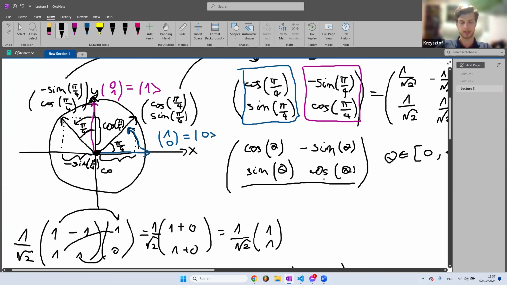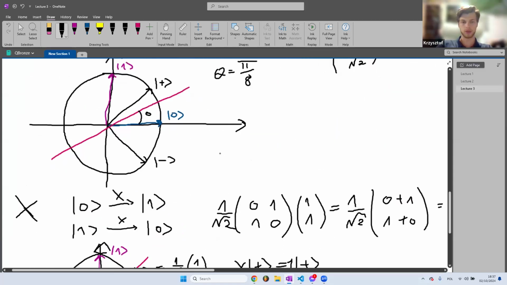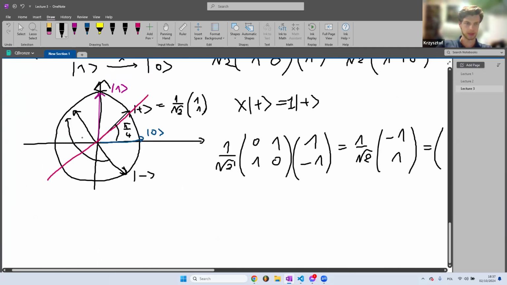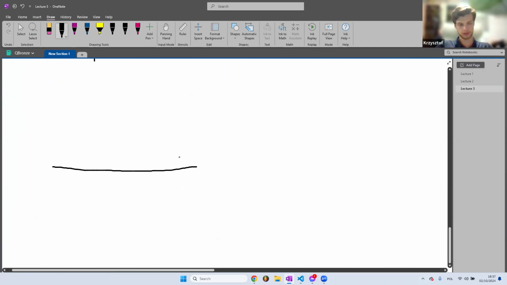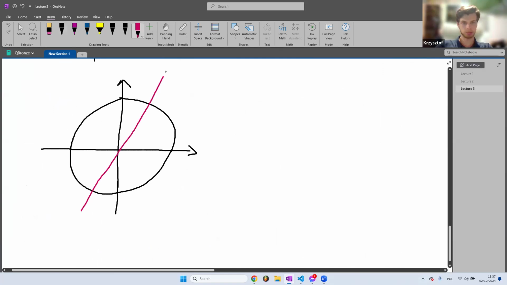Before, we had the case of the rotation, but now let's formulate the very similar matrix in case of the reflection. So we want a reflection about any given angle. Let's say we have some angle theta, and we want to find the resultant matrix of such a system.